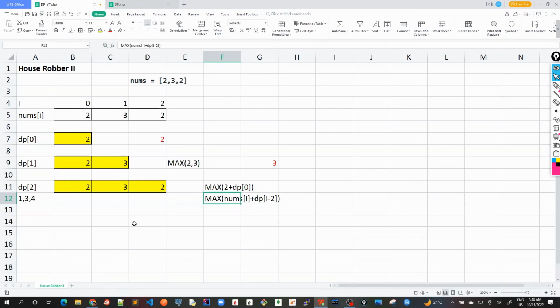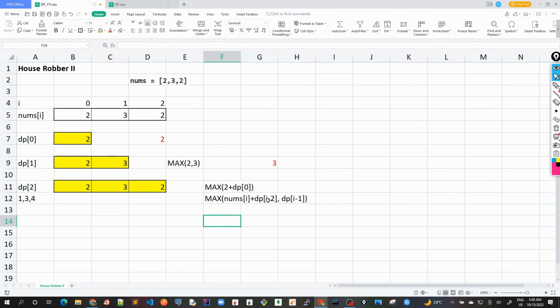So this 2 plus DP of I minus 2 is whatever has been there before. Or the second condition is that if I'm not planning to rob this house at the index that we are at, so whatever was the DP before this index, that is DP of I minus 1.